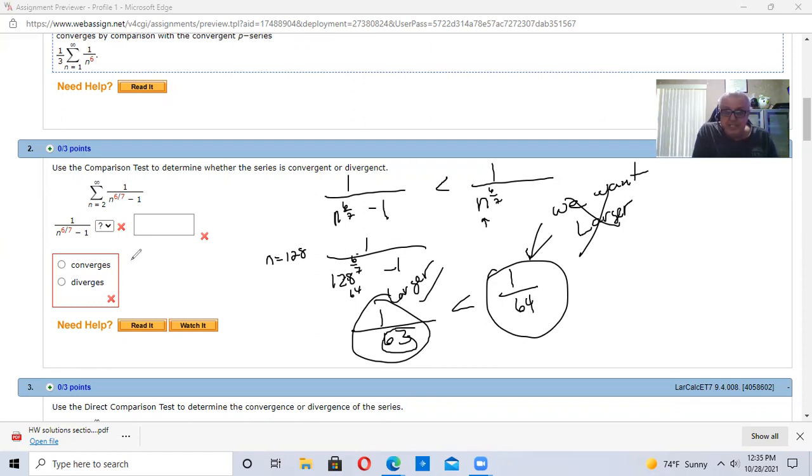So automatically, we don't go on. We just say the problem diverges. The easier version has to be the larger number when you're comparing the two and plugging numbers into it. So question 2 diverges.